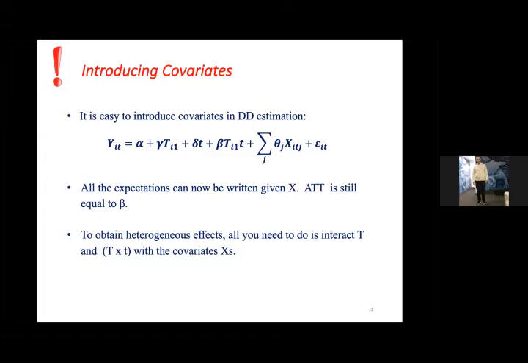But like for propensity, when we control for observables, we have a lot of observable characteristics that we can control. Here, we can also control the observables, but they are time invariant.